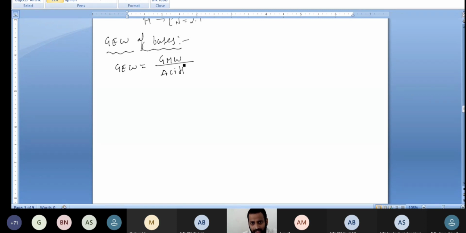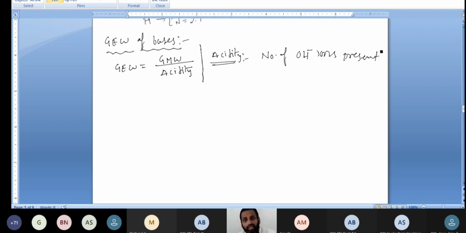This I was given, so I corrected this one yesterday also. So what is the acidity here? This is the question for us. Acidity means the number of hydroxy groups, meaning OH minus ions present, because oxygen is a more electronegative atom, the second most electronegative atom.